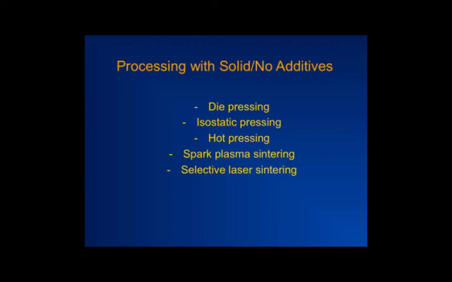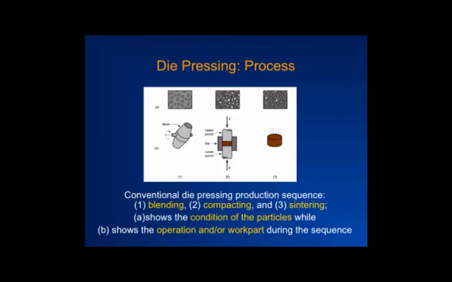We'll start looking in some detail at die pressing, and look at two small variants, or three, related to die pressing. Then we'll take a fourth variant of the same die pressing case where you begin to get rid of all additives altogether. And finally, we'll use a laser beam to sinter particles. Okay, so that's going to be one type of agenda.